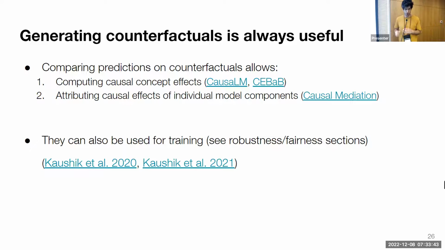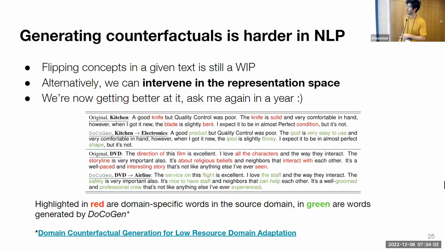All right, so a couple of things we can do with those counterfactual examples, right? If we can have them for our entire test set, for that specific concept, we can easily compute the causal concept effect. Another thing we can do is attribute causal effects to individual model components, right? If I have the same example from one domain, and I have a counterfactual example for the other domain, looking at different activations across the model could allow me to think about where in the model this type of information is encoded.